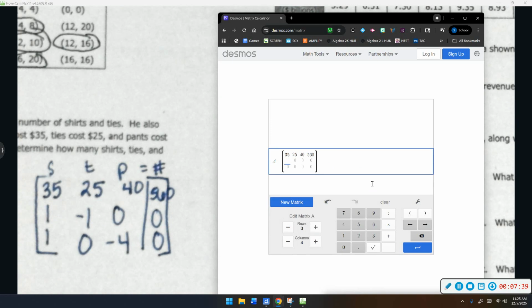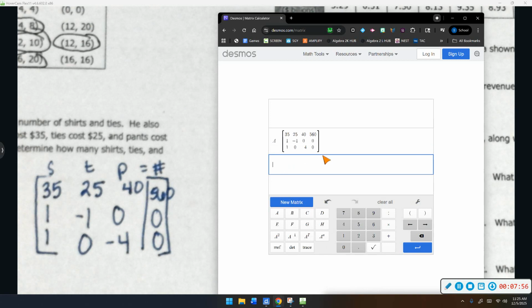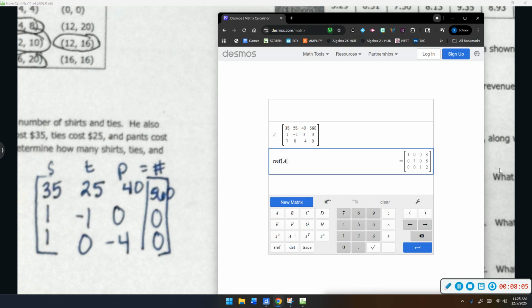And then here I got 1, -1, 0, 0, and then here I got 1, 0, -4, 0. Okay, now I can hit enter. All right, then y'all remember the button that does all the magic? Right. RREF, bottom left, yep, RREF, and then I gotta call it what its name is. It's called A, so that was default.